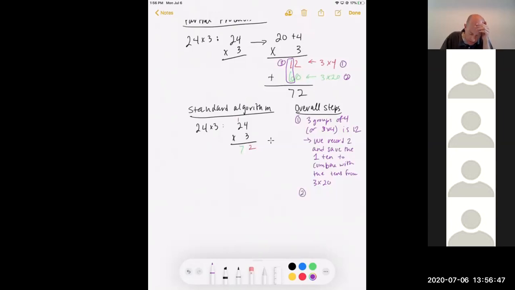Now step number 2, we do 3 groups of 20. If you think about what that is, or 3 times 20, we know that 3 groups of 20 is 6 tens.